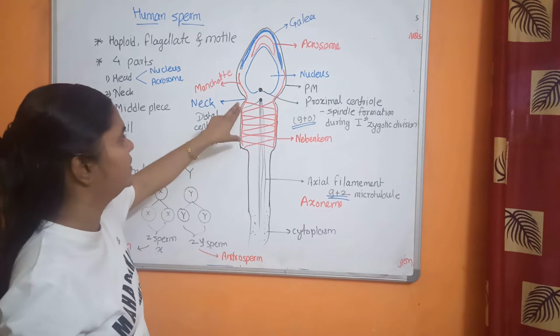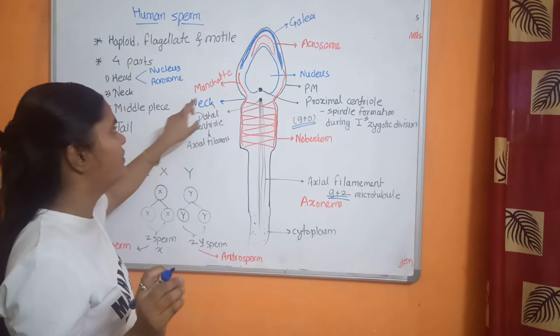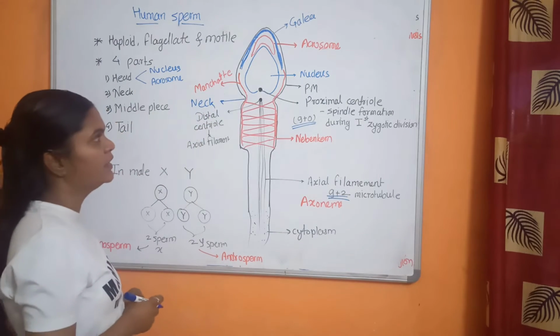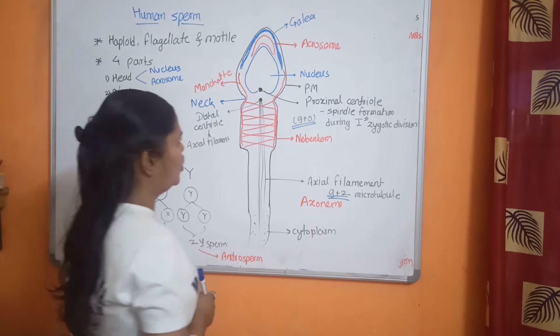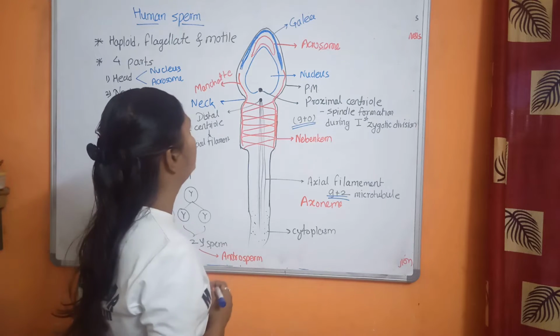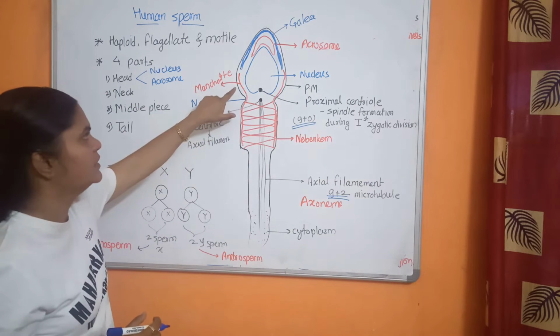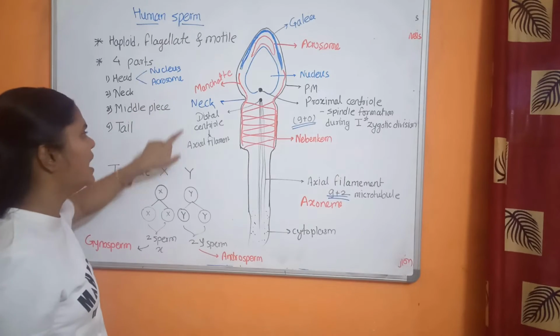Then the neck is a very short depression present near the nucleus. Now the middle piece is also covered by plasma membrane, and after the plasma membrane there is one more covering called the manchette.